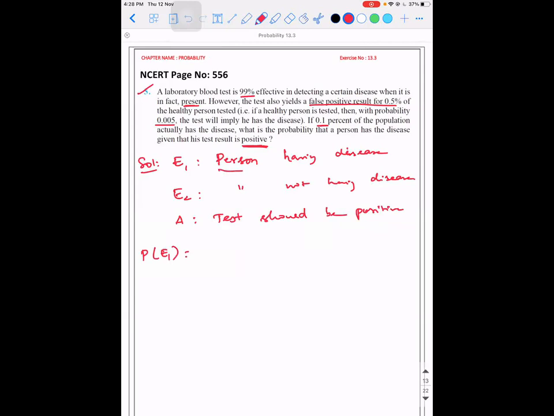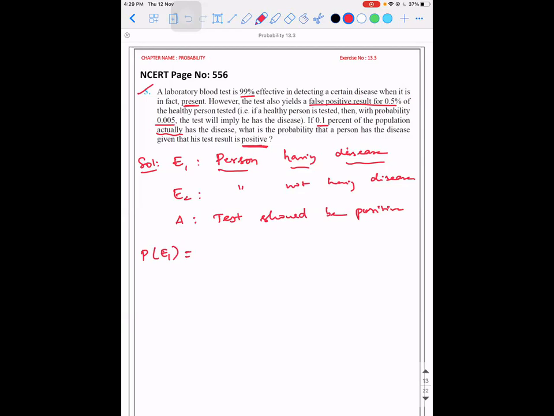What is the probability that the person is actually having a disease? 0.1% actually has disease, right? What is the probability of a person having a disease? Guys, is there any point that is confusing you? Is there no, right?